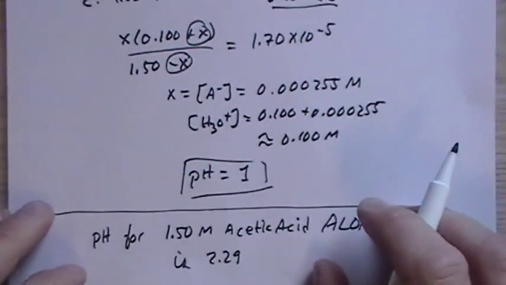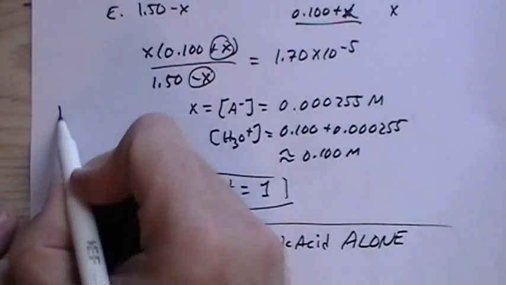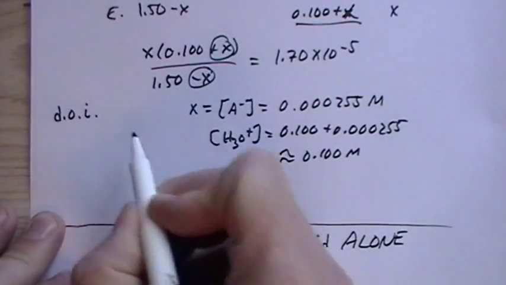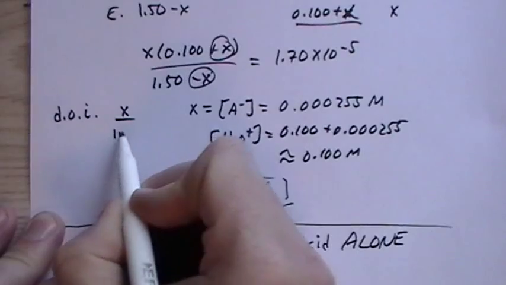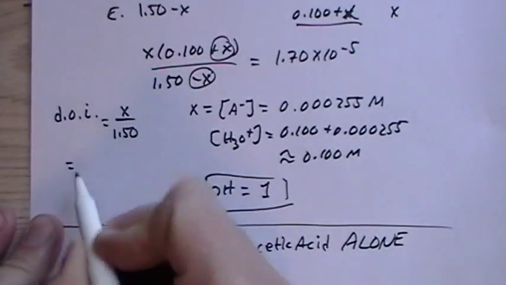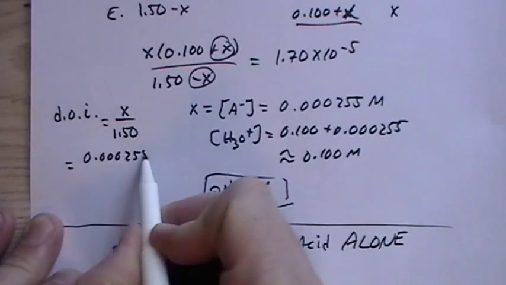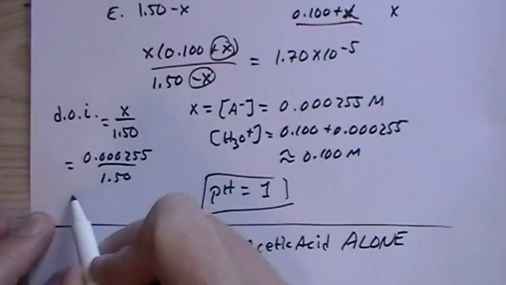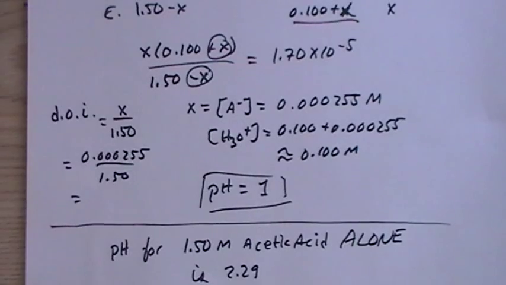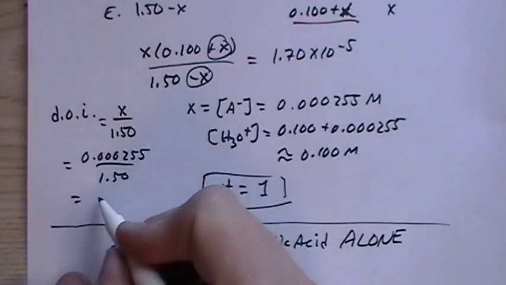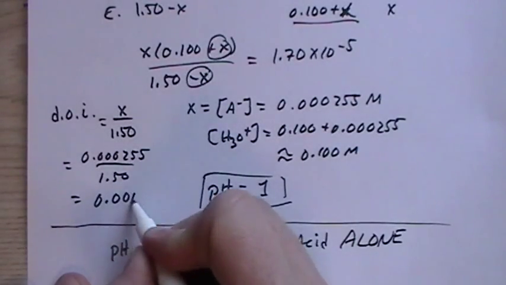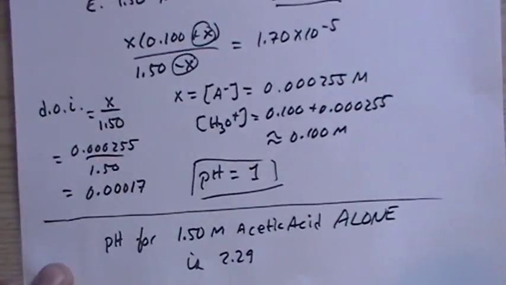Now the degree of ionization, that is X over 1.5. So that's going to be 0.000255 over 1.5. Should have changed it over to scientific notation since we're using this quite a bit. That's 0.00017. So much less than a percent.